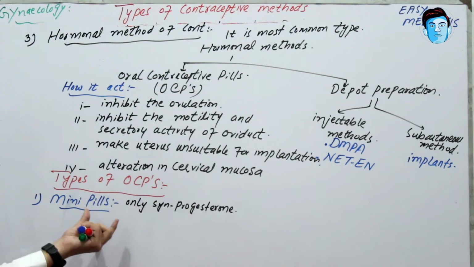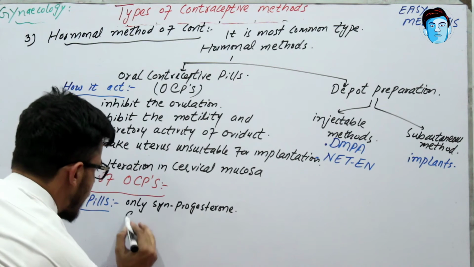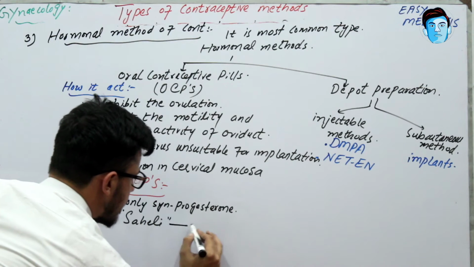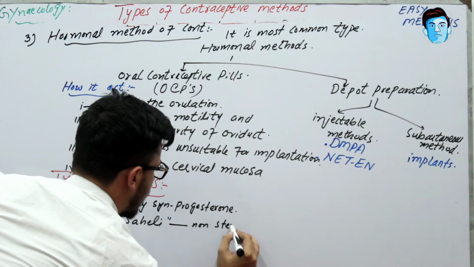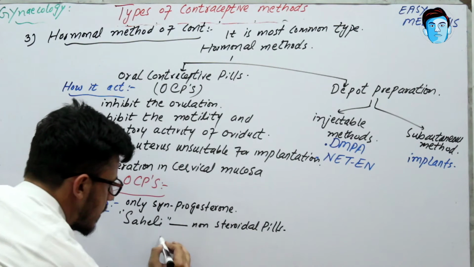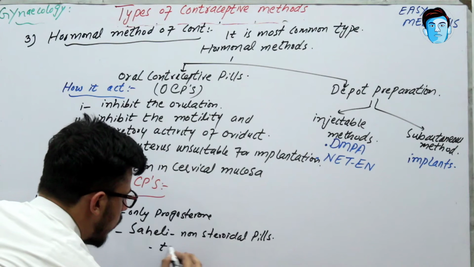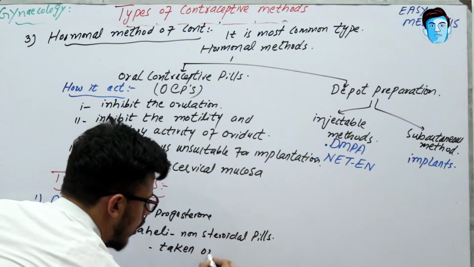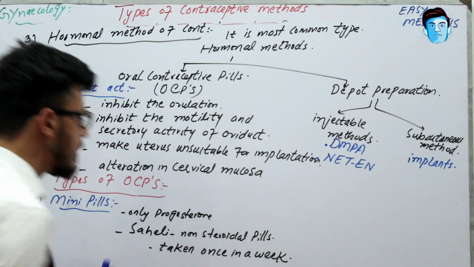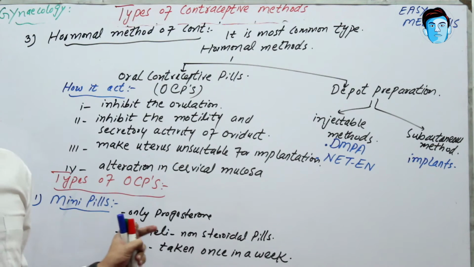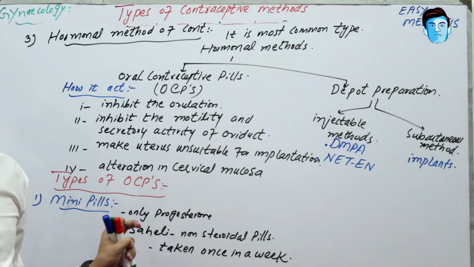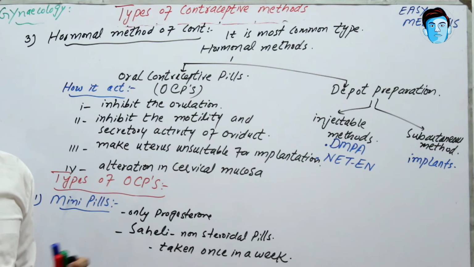The famous example under mini pills is Saheli, which is a non-steroidal pill, and it is taken once a week. So that's the reason it is also called a once a week pill.